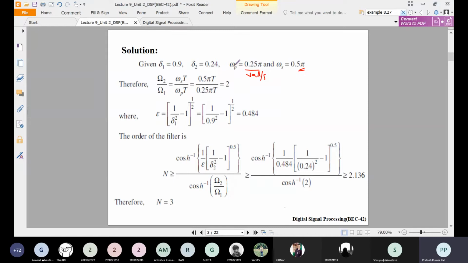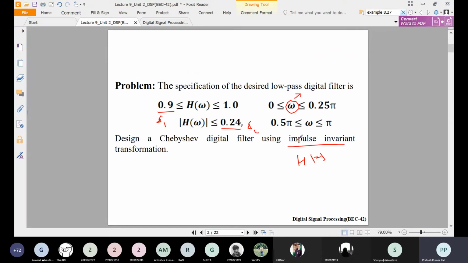So we will be converting omega p and omega s into their respective analog values. The analog value will be given as omega multiplied by T, that is the sampling time. Because the question says impulse invariance transformation, in this transformation the analog frequency is given by multiplying by your sampling time.